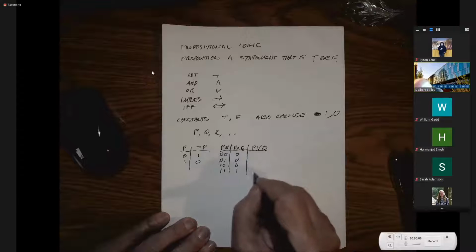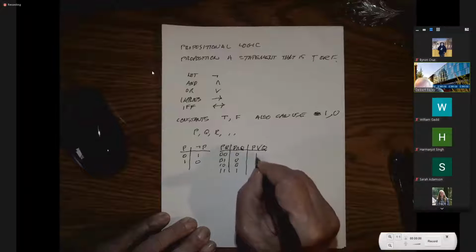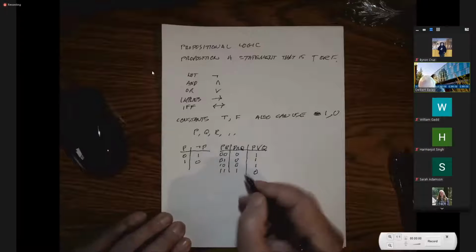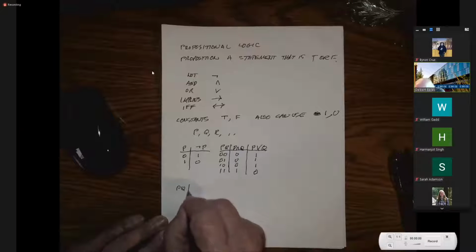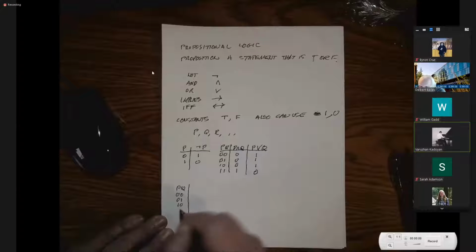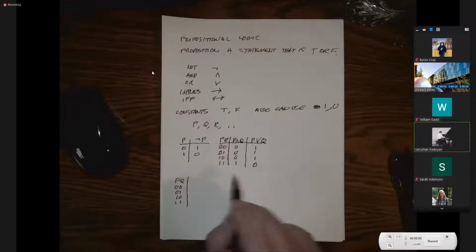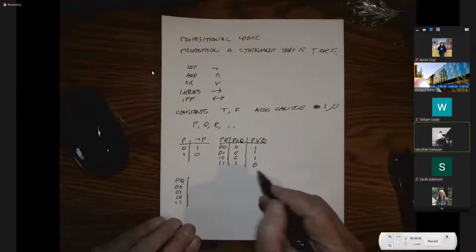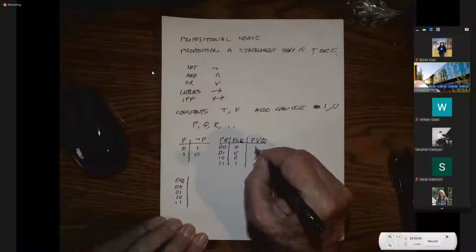The only place that it's false is here. Professor? Yes. Wouldn't the P or Q be the other way around? Like what? I'm sorry, 0, 1, 1, 1? You're absolutely correct. Okay.